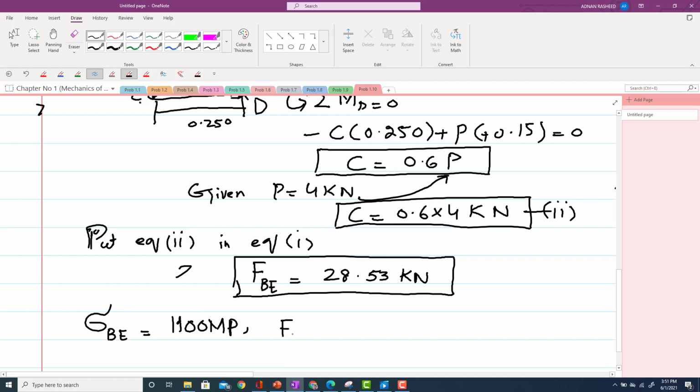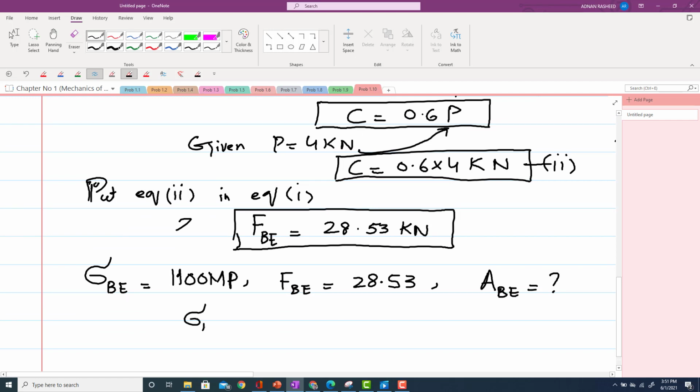You have FBE and you have to find the cross-sectional area of rod BE. Now it's very easy, as we know that sigma BE is equal to FBE over the cross-sectional area of rod BE. So it implies that the area of BE is equal to FBE over sigma BE.